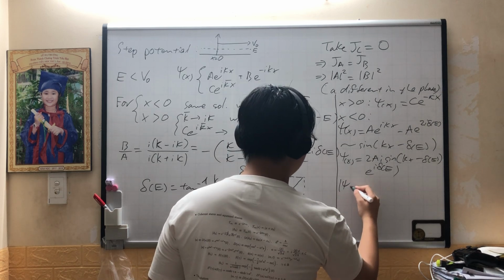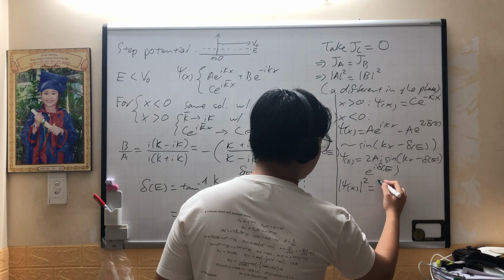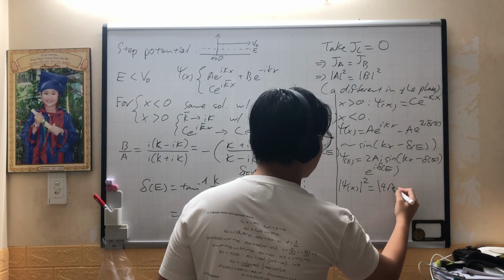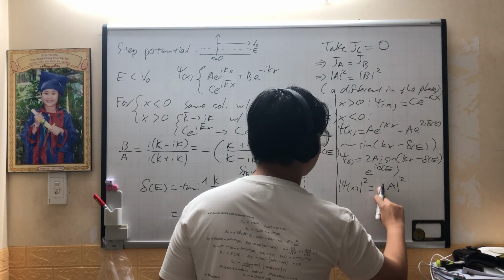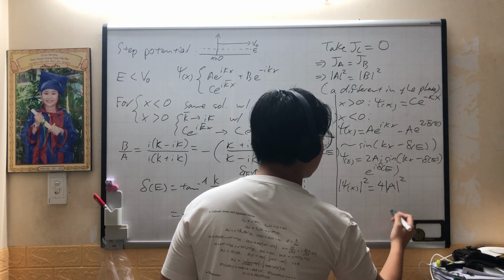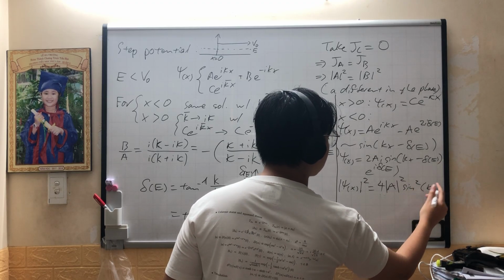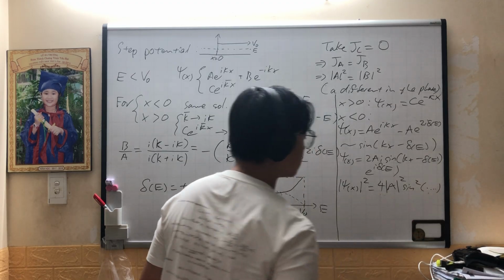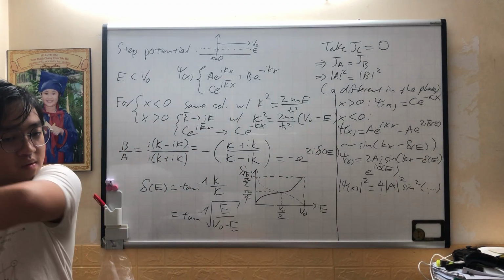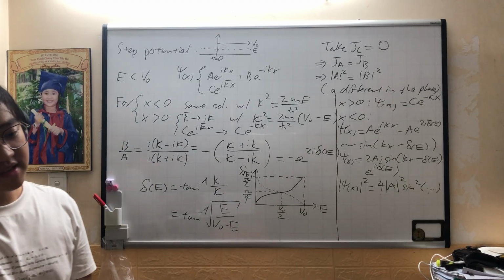You can get that our probability density on the left side is four A squared sine squared of the thing inside. Oh yeah, there you go. That would be your probability density.